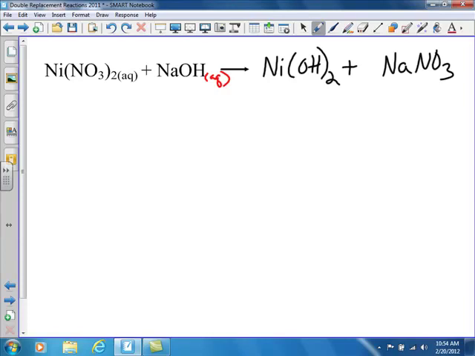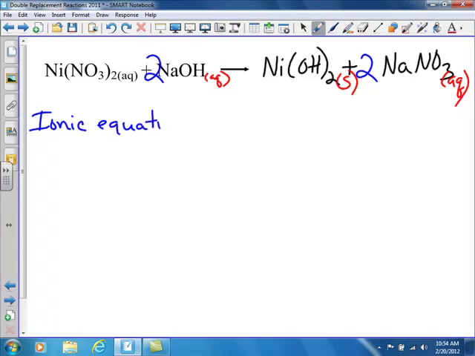In order to balance this, I'm going to need a 2 here and a 2 there. So now I'm balanced. Now, on your two products, pick out which one is aqueous and which one is the solid, and you will have a reaction here. And there's that silly NaNO3, which we've been using all day. So that's going to be aqueous. That's your solid. So now, what we want to do is write out the ionic equation.